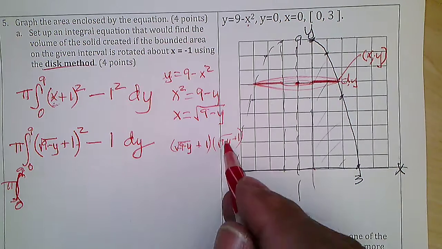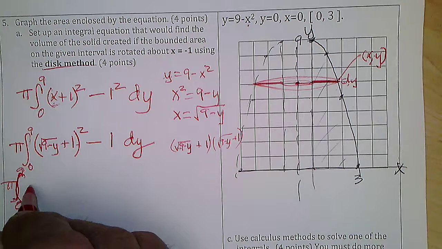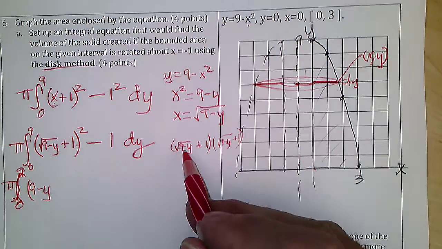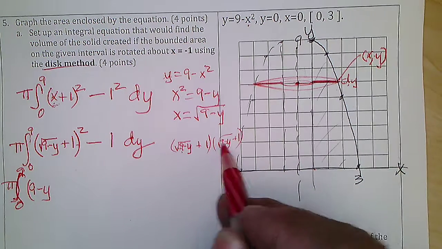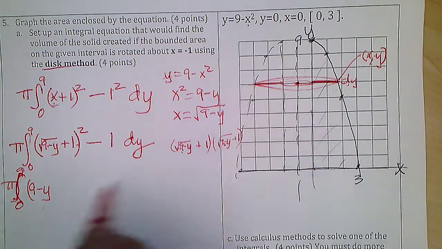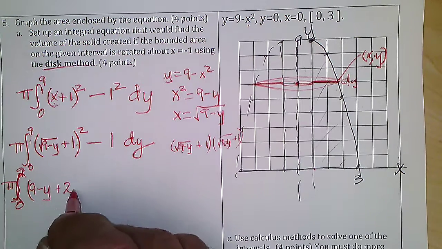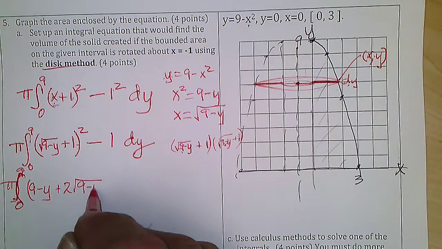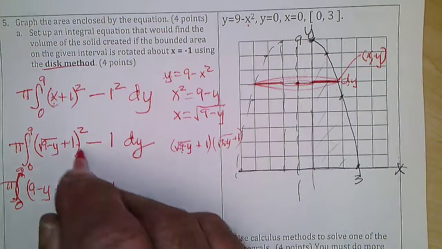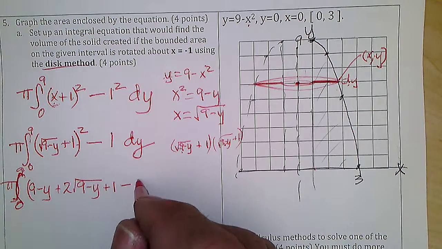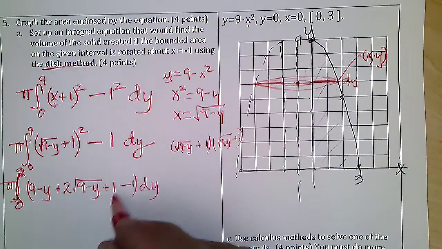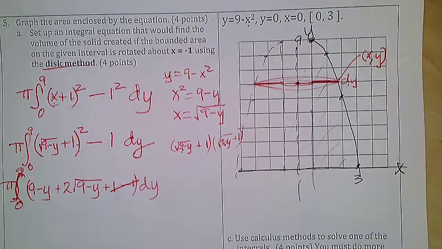So I'm going to get the square root times the square root, which should get rid of the square root. Then I'm going to have plus 1, this times 1, that's plus 1 square root, plus another square root, so plus 2 square root of 9 minus y, plus 1 squared minus 1. So those cancel, the plus 1 and minus 1.